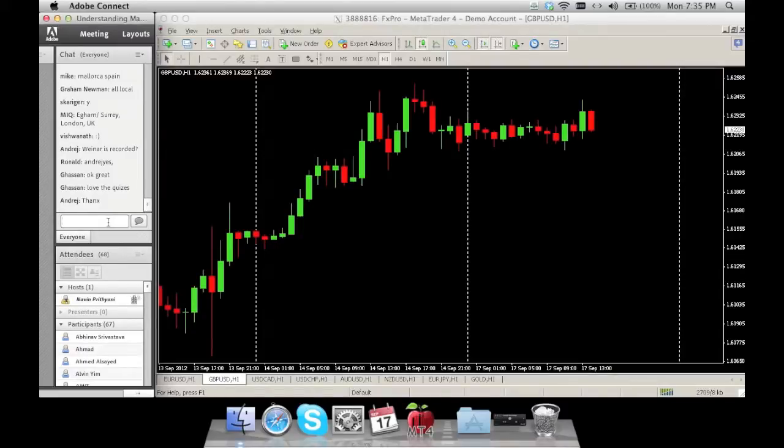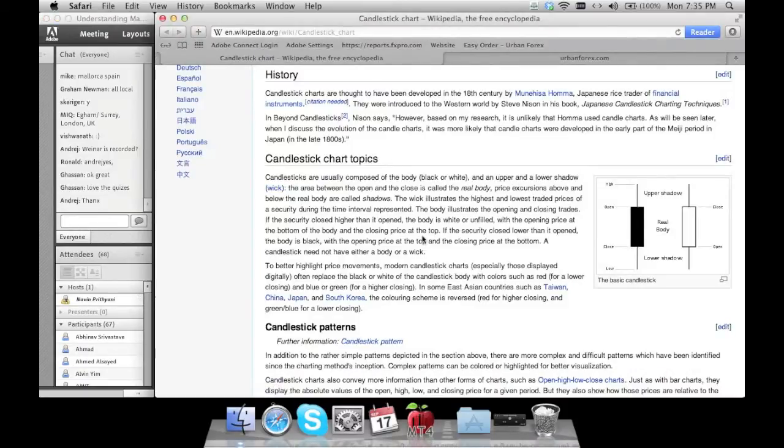Okay, so candlestick patterns. Basic history on candlestick patterns: they were developed in the 18th century by this person over here. He was a Japanese rice trader of financial instruments. Then it was brought to the Western world by Steve Nison with his book, Japanese Candlestick Charting Techniques.